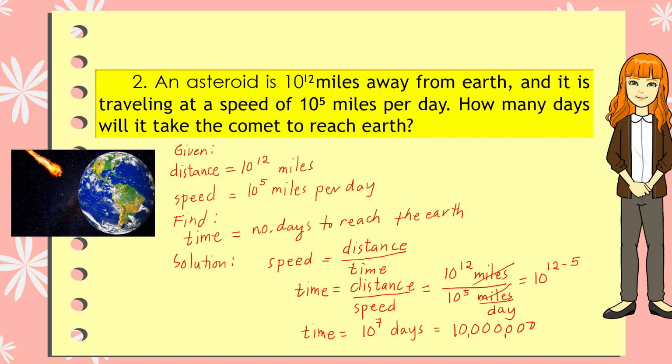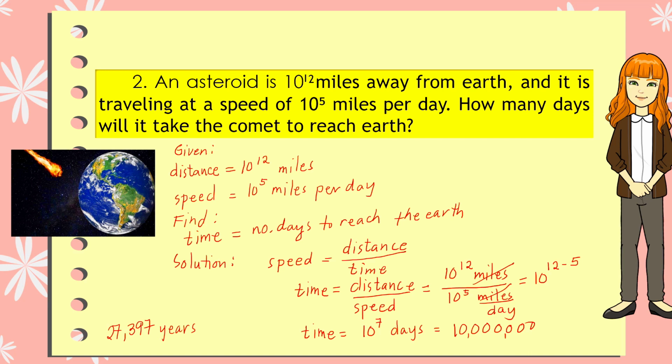How many years is it? So, if you want to know kung buhay pa tayo kapag dumating yung comet sa Earth, it will take 27,397 years bago makarating ang isang asteroid sa Earth, assuming na yan ang kanyang speed at walang collision na nagaganap sa ating universe.